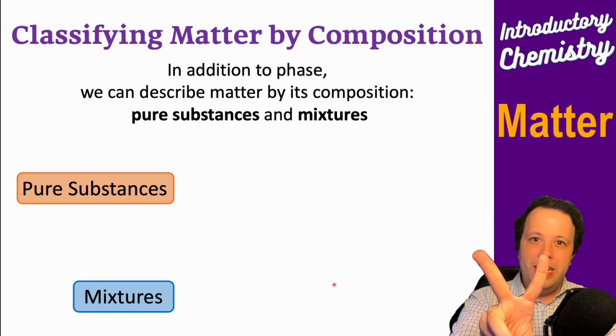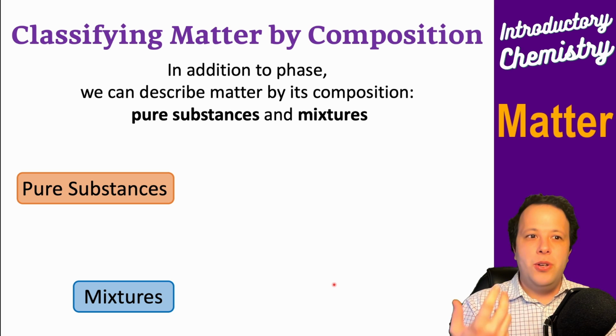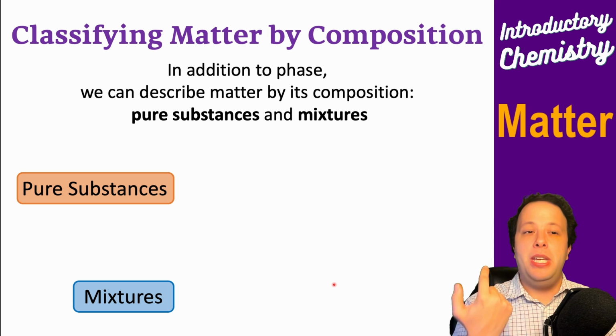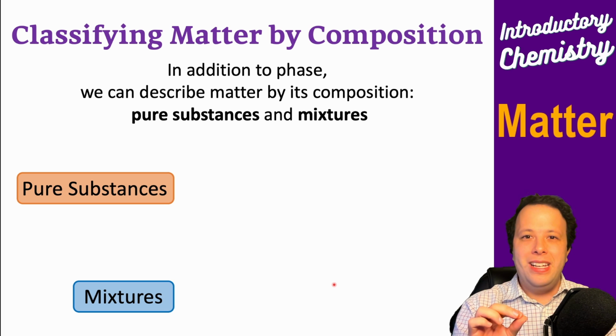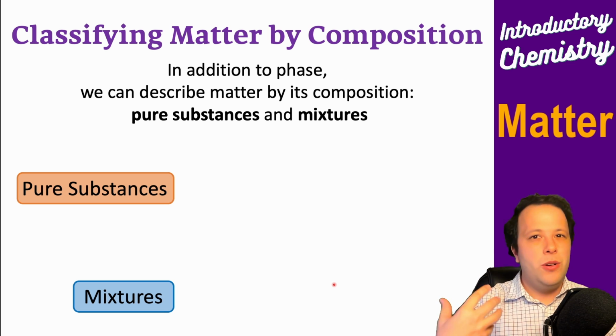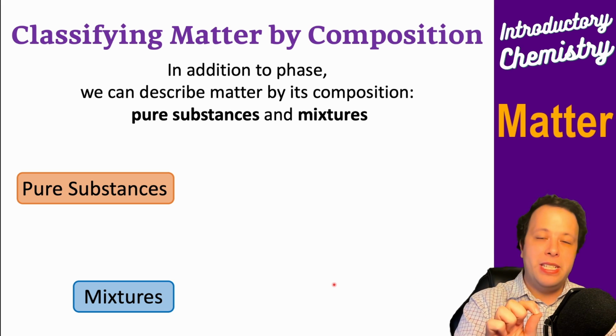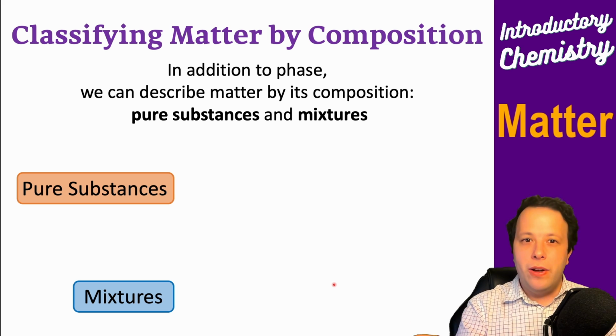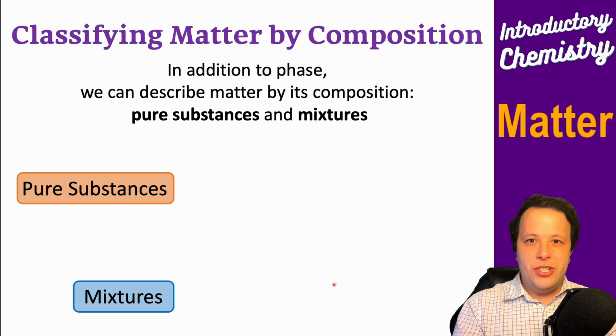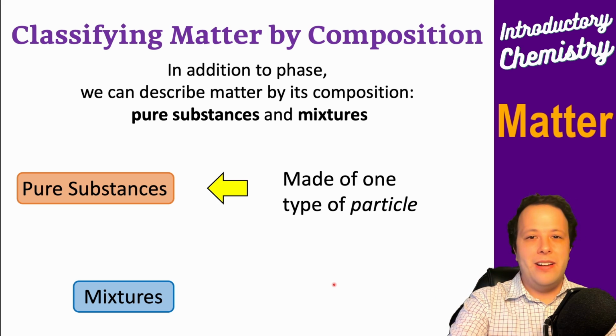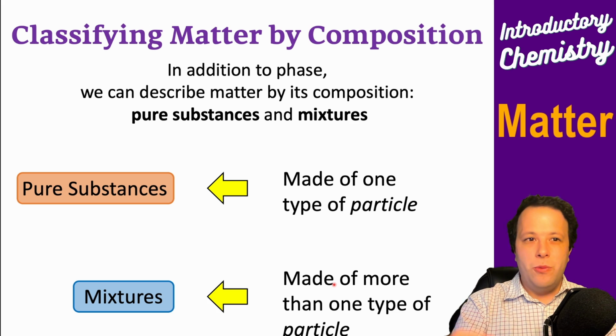There are 2 ways we can classify this. We can classify them as a pure substance, meaning that it's only made up of one type of particle. One type meaning one atom or one specific compound. It could be one or the other. Mixtures are whenever we have more than one type.